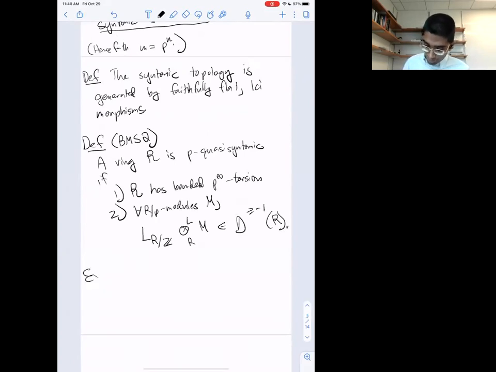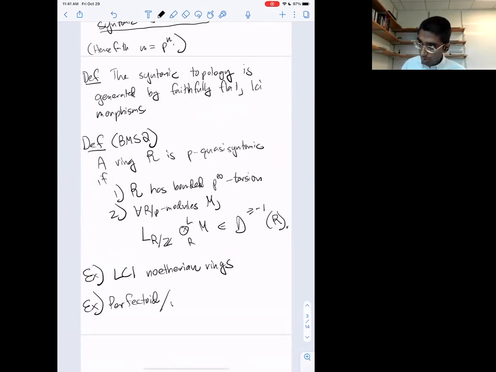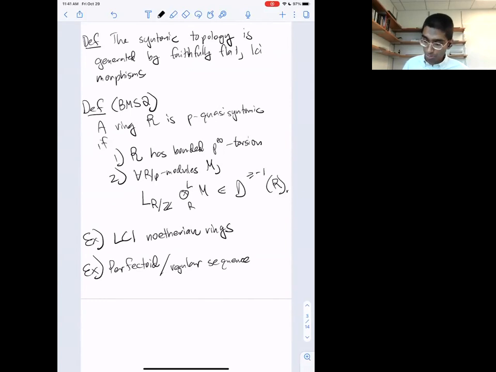And let me give the basic examples. The basic example is that any LCI Noetherian ring is going to have this property. And another example is that if you have a perfectoid ring and take the quotient by a regular sequence, then it's going to have this p-quasisyntomic property.